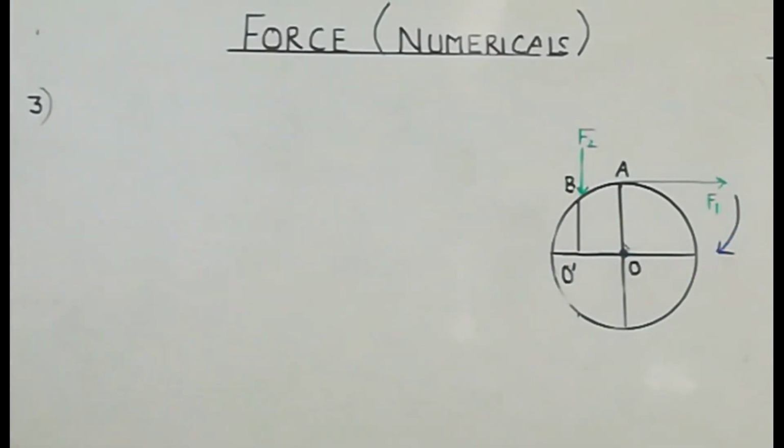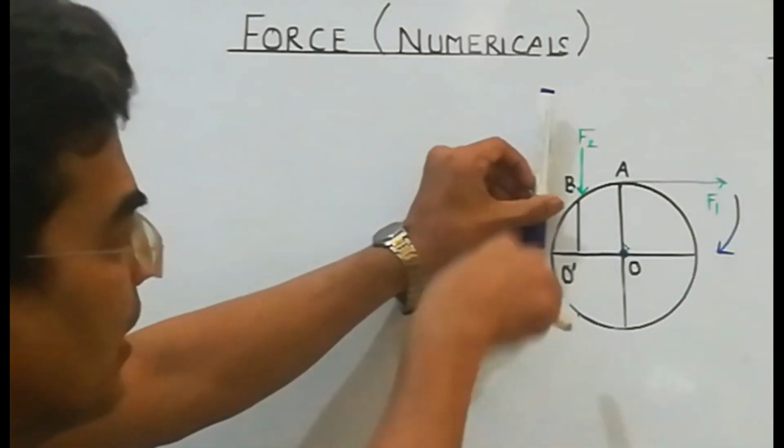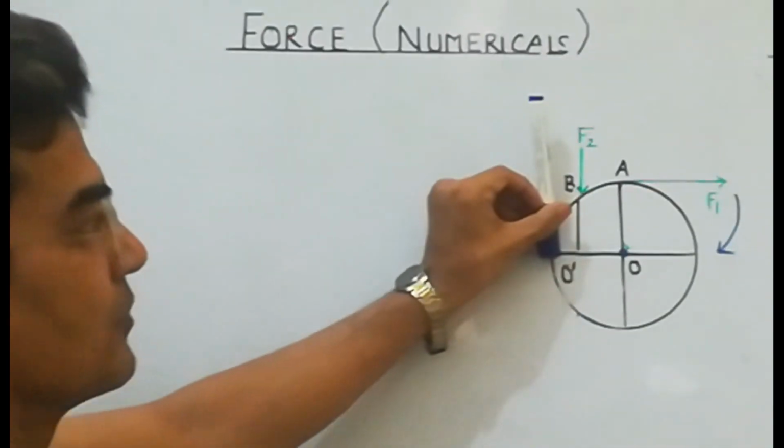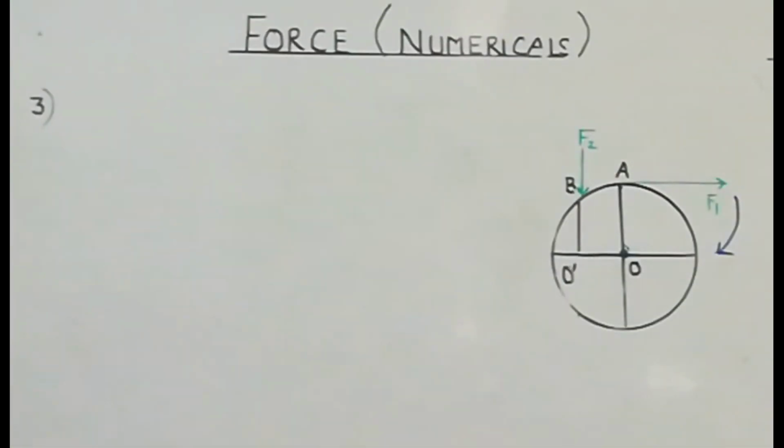See, you cannot take F2 in the upward direction, because if taken in the upward direction, it will also produce clockwise movement and the wheel won't be in the balanced state. Whereas the question says that the wheel is in equilibrium, so it is necessary for us to mark the force at point B, F2, in the downward direction.